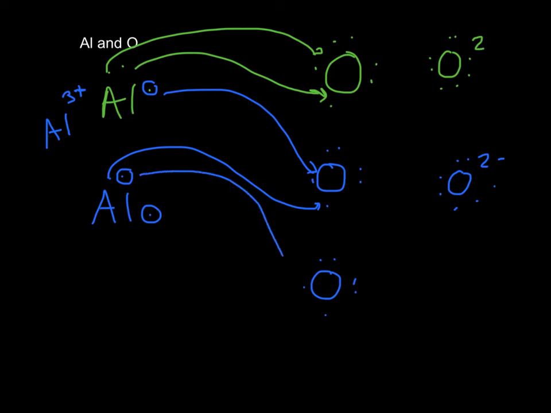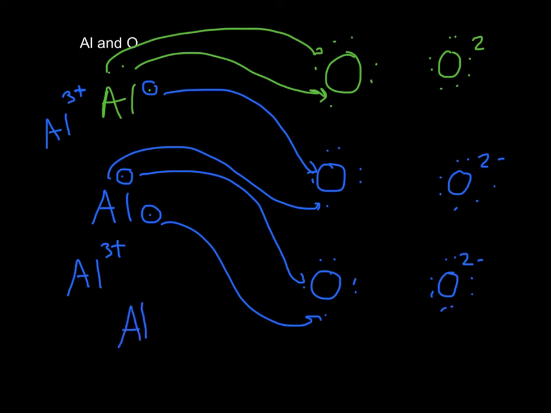One of them goes here, and one of them goes here, and I've got another oxide, and another aluminum. So all of that matching up of electrons leaves me with 2 aluminums and 3 oxygens. So Al2O3. In the next video we'll take a minute and learn how to name those compounds, which is really, really easy.